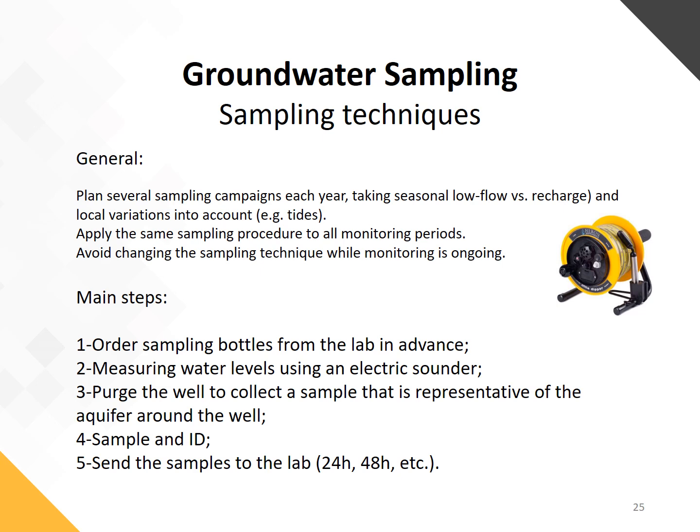Then you need to purge the well to collect a sample that will be representative of the aquifer around the well. So you empty the entire well a few times, and then the water goes in again, and then you can sample that water, which gives you a better idea of what the aquifer is like.